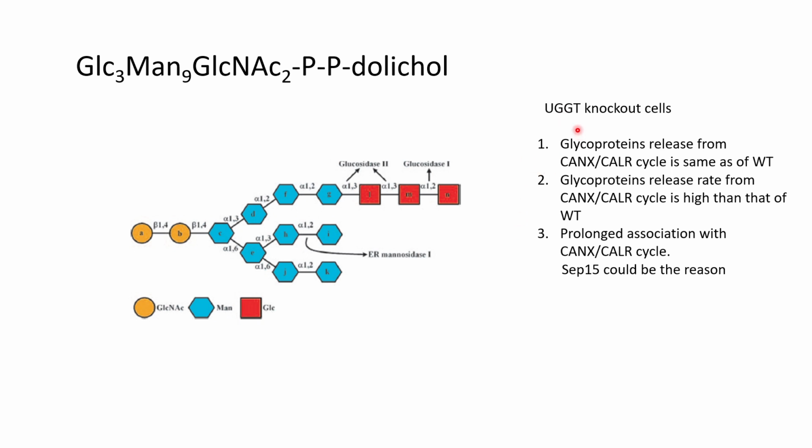So in the absence of UGGT, SEP15 will be in excess and could interact with calnexin and calreticulin, along with the protein disulfide isomerase that usually interacts with ERp57 to acquire their native structure. This additional SEP15 interaction could be the reason for the prolonged interaction of the protein with calnexin and calreticulin.